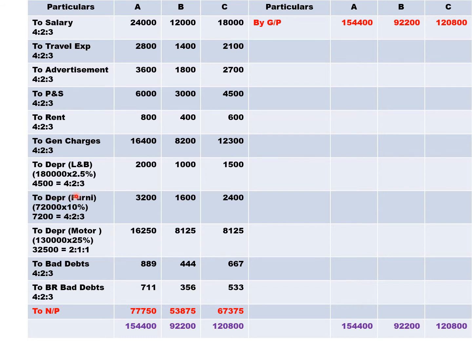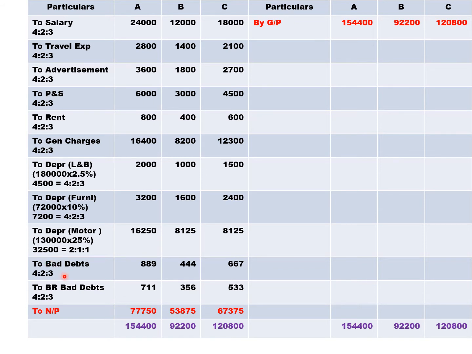Distribute 4:2:3. Depreciation on furniture: the value of furniture given in the trial balance is 72,000 into 10%, you get 7,200. Distribute in 4:2:3. Then depreciation on motor car: 1,30,000 is the value of motor car into 25%, you get 32,500. Distribute in the specified ratio mentioned in adjustment number 2.